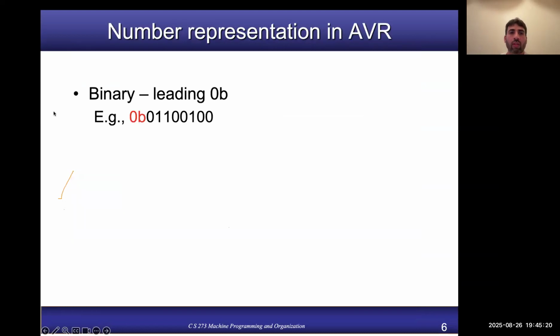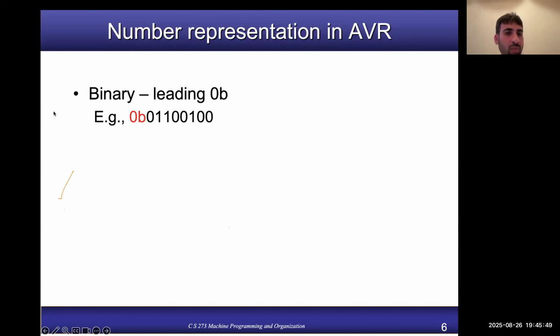Okay, so how can we represent numbers using different systems when we are writing assembly code or an assembly program for an AVR microcontroller, right? Let's say I want to represent a number in binary. If I want to do that in my code, then I need to specify the base of the number.